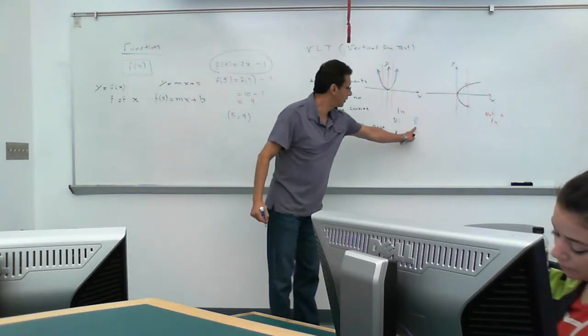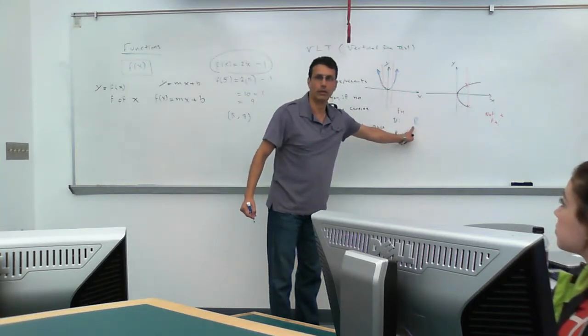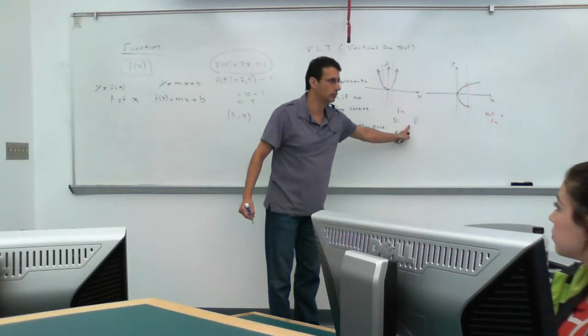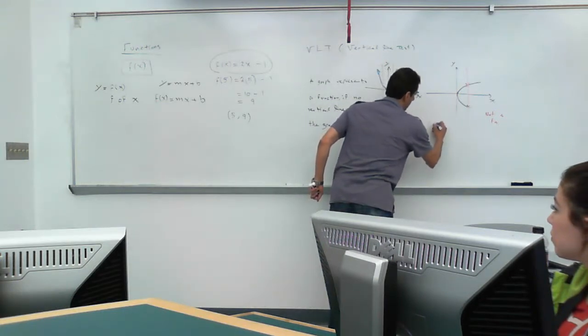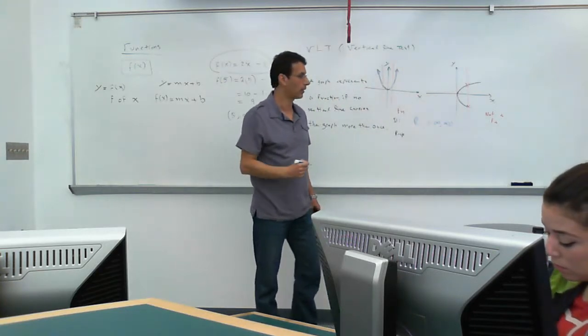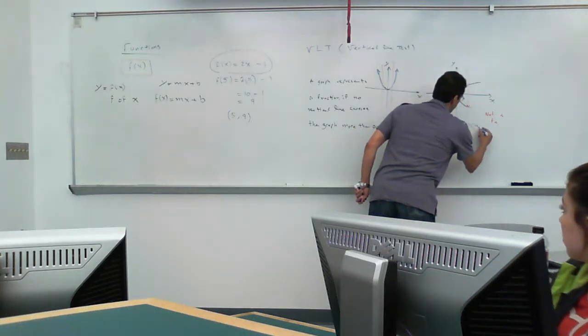Now, there are a couple of ways you can represent this. So let me make sure everybody understands what this means. You could say just ℝ. You could say negative to positive infinity. Okay, class? Or you could say x between negative and positive infinity.